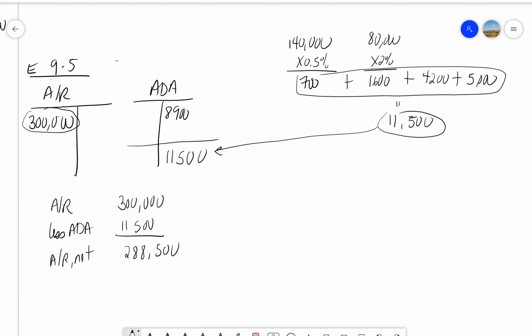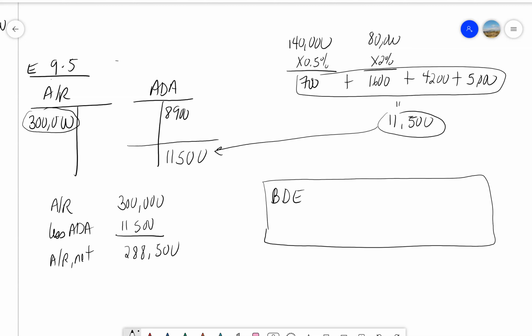Well, this is a little bit different from the percentage of sales method. In the percentage of sales method, the number that we calculated was in fact the amount of our bad debts expense. In this example, this is a little different. When we do our adjusting journal entries to record our bad debts expense and the adjustment to our ADA account, the adjustment that we're going to need is this missing number here.